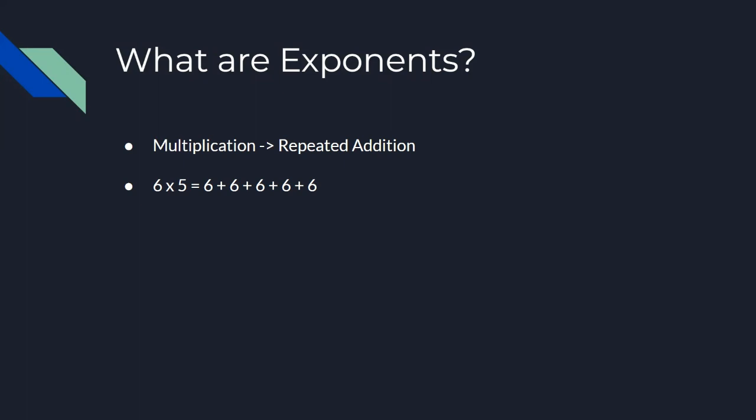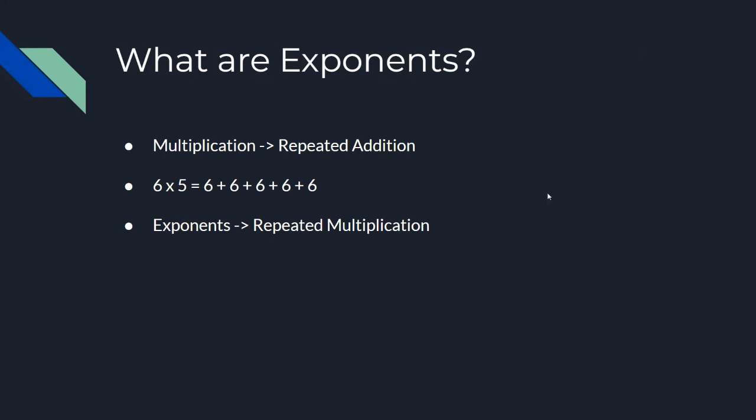And in that same way, we can use that to help us understand exponents, because exponents are repeated multiplication. They are multiplying something again and again repeatedly, just like how multiplication was repeating addition.